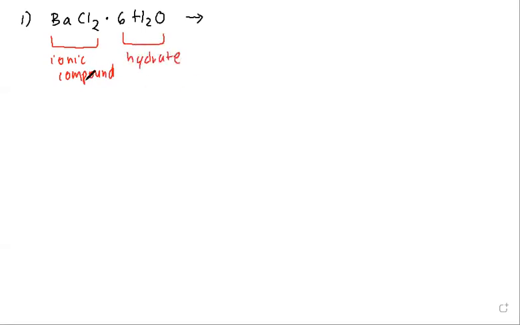So we're going to name the ionic compound like we would any other ionic compound, and then we'll add in the part that reflects the number of water molecules attached to that ionic compound. So barium is a type 1 metal, so we're going to name it barium. No Roman numerals because it's type 1. We know that each barium has a charge of 2+. And then chloride.